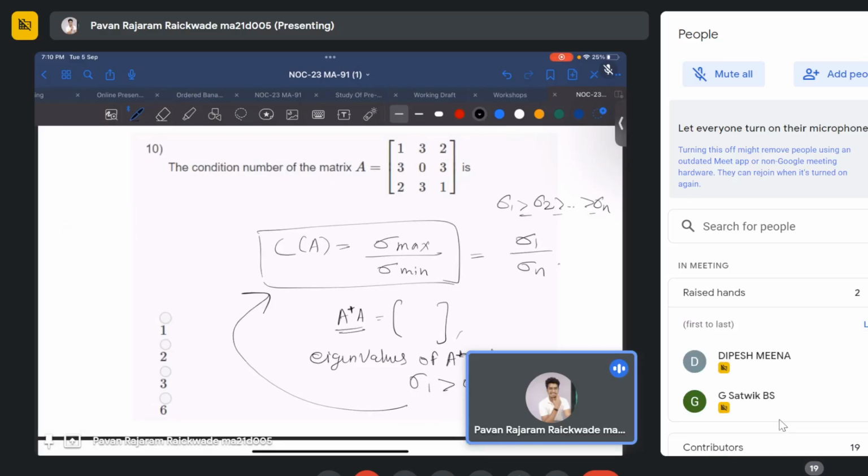Does anyone have any doubt there? Yes, sir. Sir, what does condition number of any matrix tell? Geometrical interpretation of condition number. Can you say something? That's what I was about to recall. I'm sorry, I haven't read the condition number for a long time. As far as I know, this is just a consequence, not a definition.